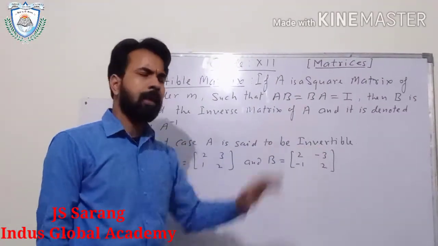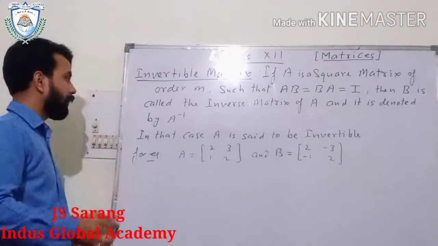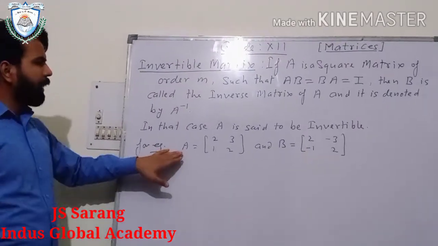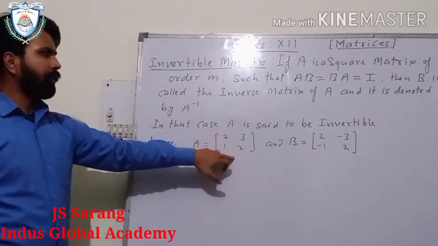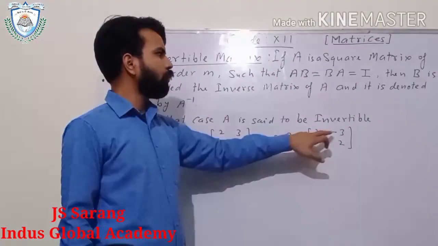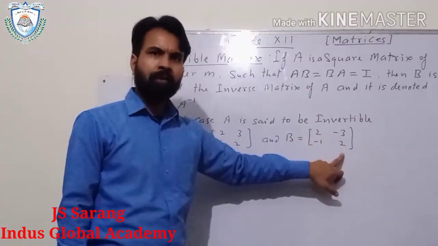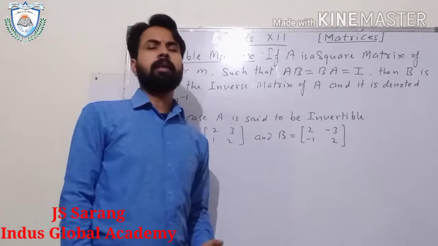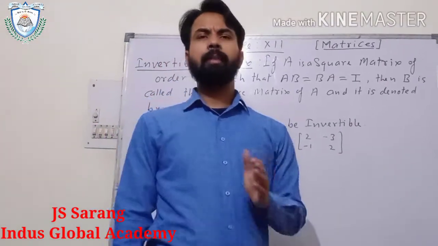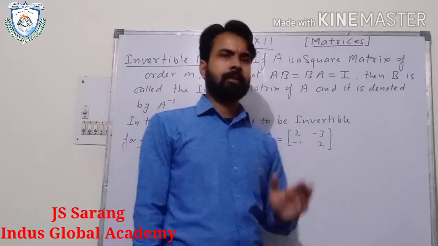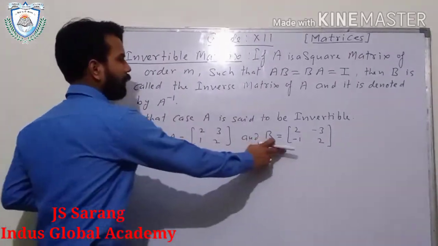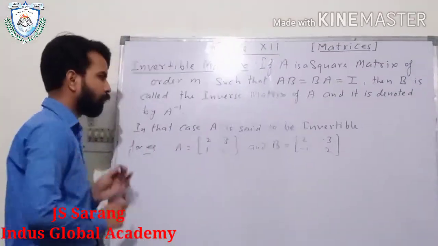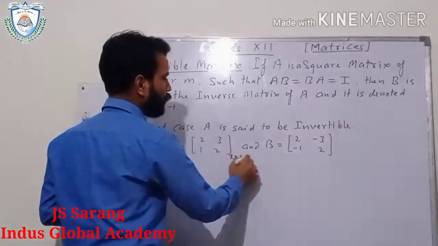Understood? Okay, let's take one example here. Consider a matrix A, 2, 3 and 1, 2, and another matrix B, 2, minus 3 and minus 1, 2. For being an invertible matrix, it is a necessary condition that the given matrix should be a square matrix. So here A and B both are square matrices of order 2 by 2.